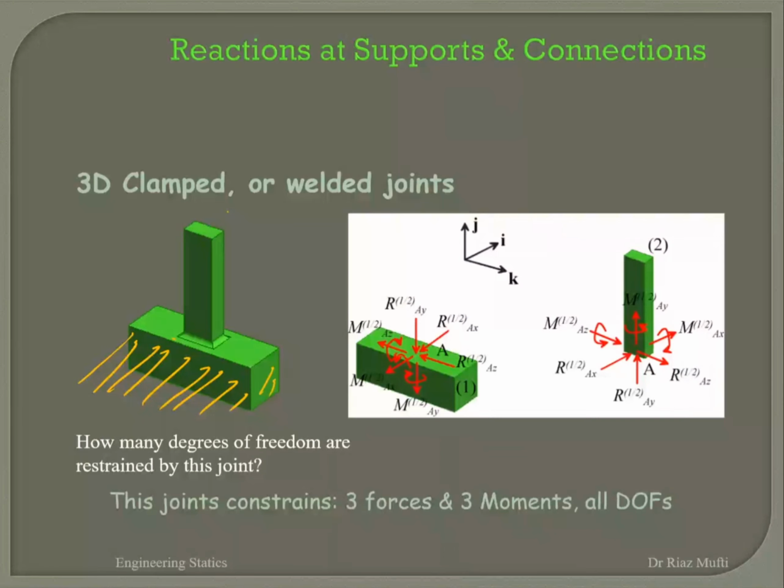So in simple words, this bar, I cannot move in X, Y, Z, so I will get the reactive forces in all 3 axes. I cannot rotate in any of the 3 axes. I will get the 3 reactive moments also. Is that clear?